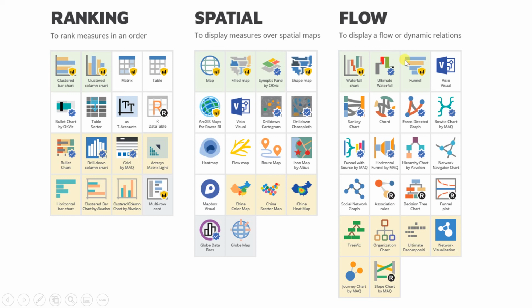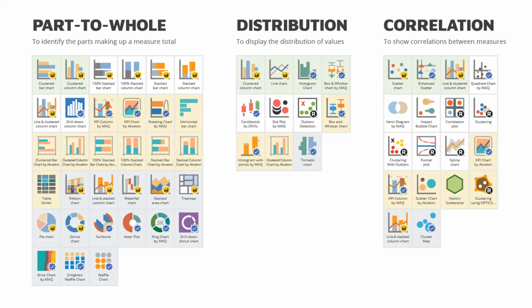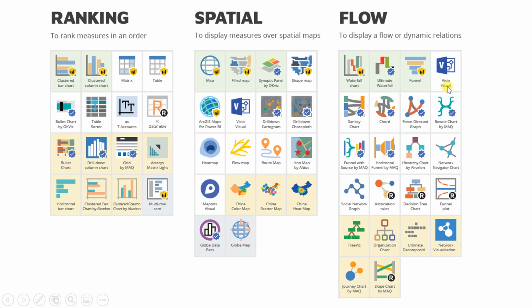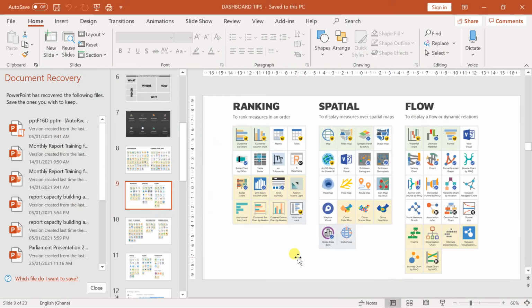And there's the flow, and this shows the flow from one place. You saw the waterfall chart, which we used in the analysis when we asked it to analyze. There's part to whole, where you see the pie chart, the donut, and distribution, as well as correlation. Normally the scatter chart is our best bet for correlation.